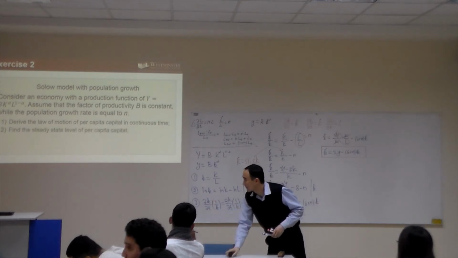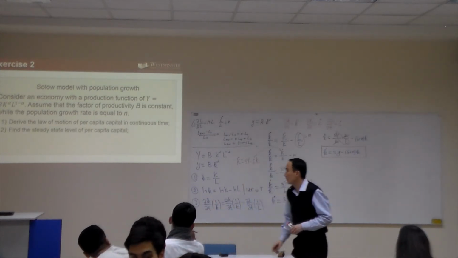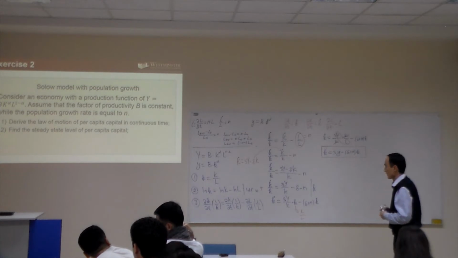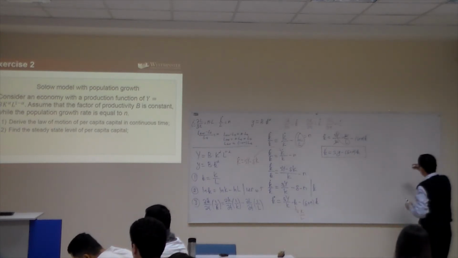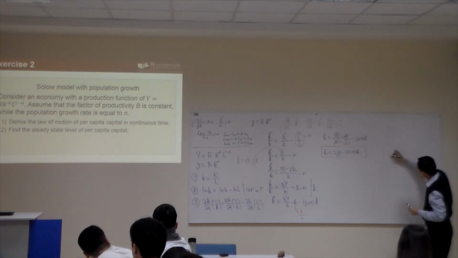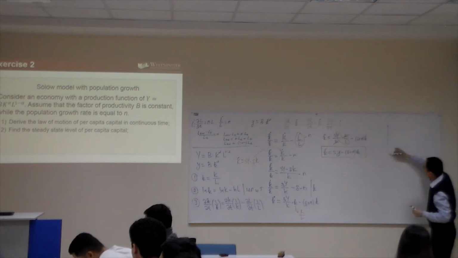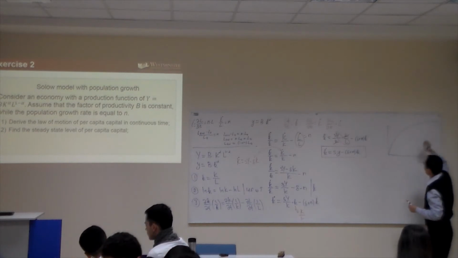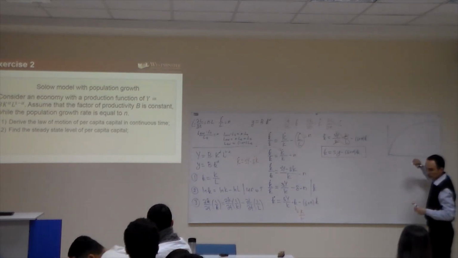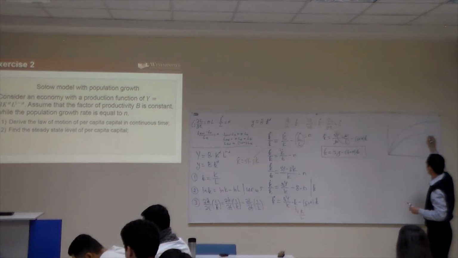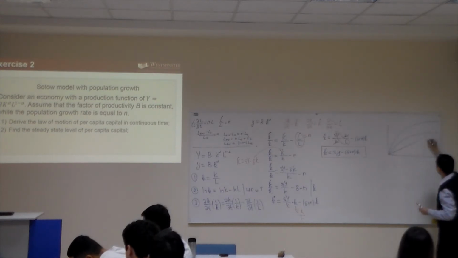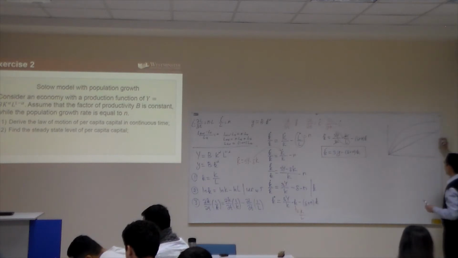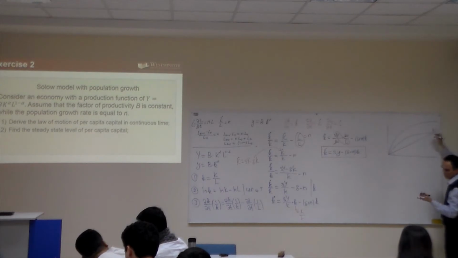Next, find the steady state level of per capita capital, okay. Before we do that, look, graphically. So it is the output function curve. This is the investment function curve. And let's suppose it is that straight line of depreciation without population growth.